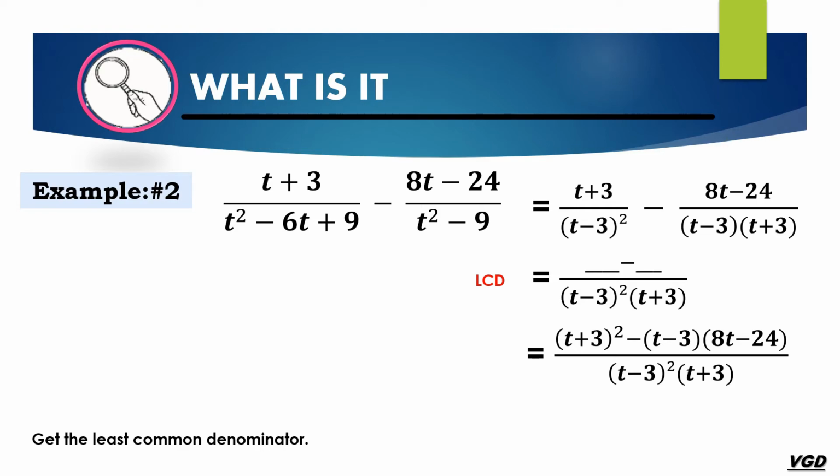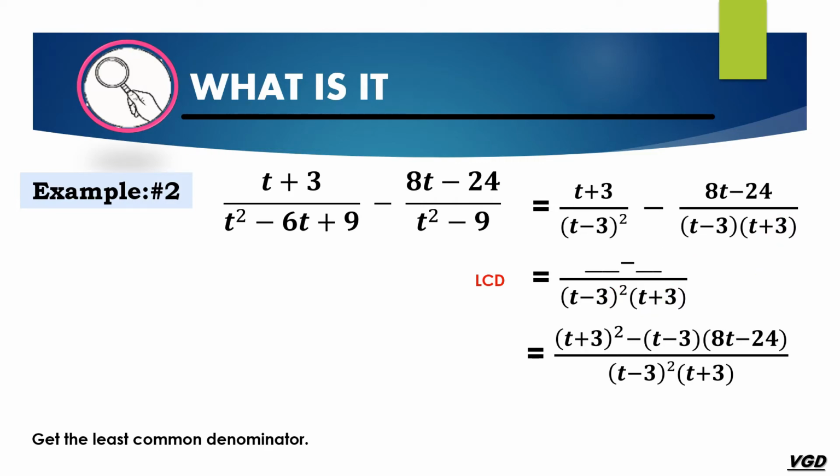And for the other expression, we have the quantity of t minus 3 squared times the quantity of t plus 3 divided by the quantity of t minus 3 times the quantity of t plus 3. So we will cancel out t plus 3 and then just subtract the exponent of t minus 3. So the remaining one is t minus 3 times 8t minus 24.